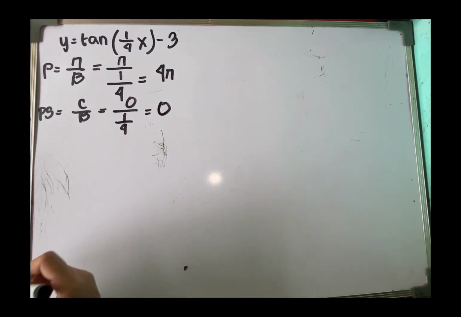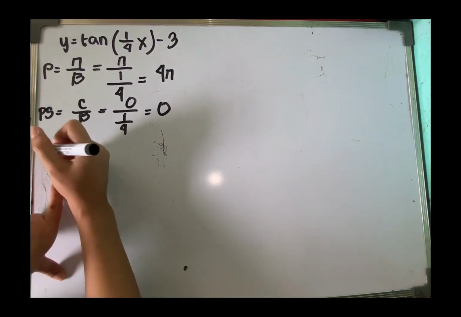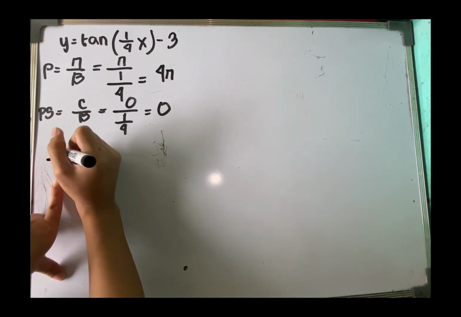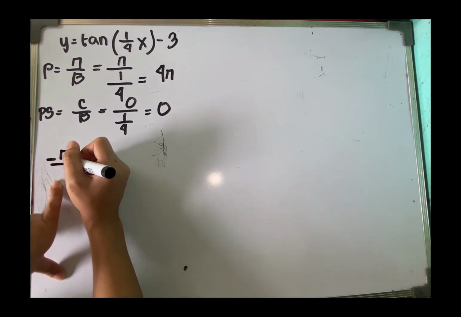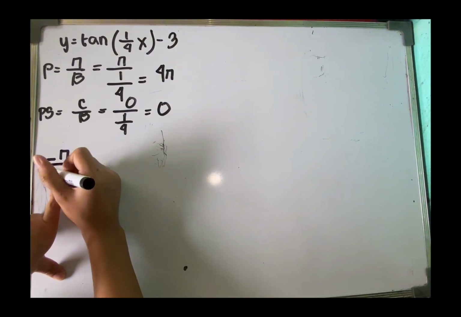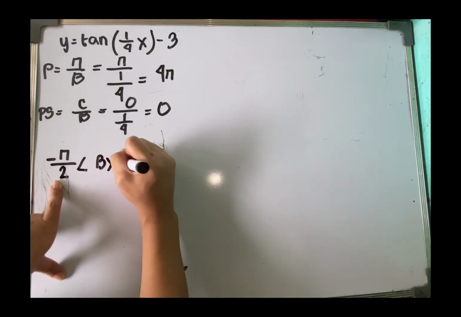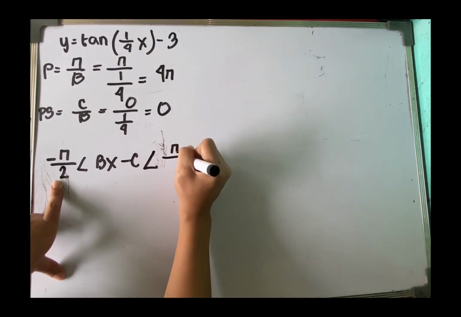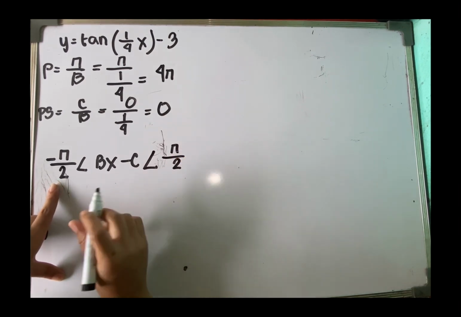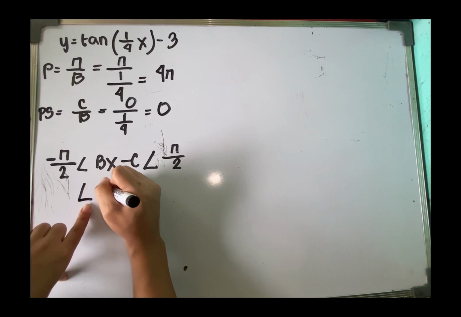Of course, to get the two asymptotes, we have negative pi over 2 less than bx minus c less than pi over 2. To get this, you have to isolate the middle, which is the 1/4 x.